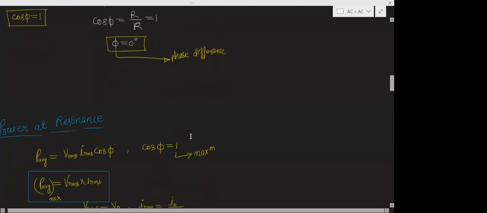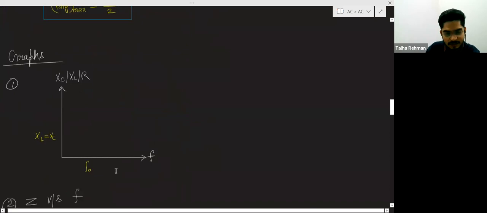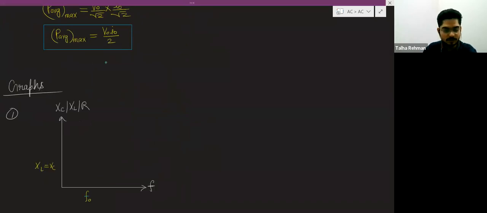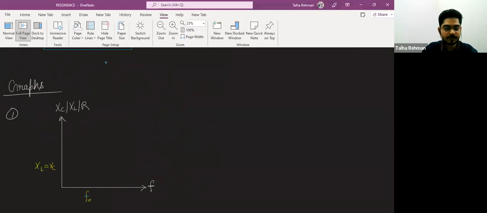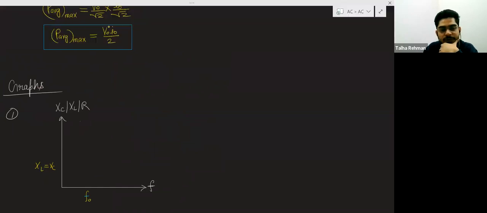Basically, the first graph we have already drawn, but again I am just drawing these graphs. We know that XL is equal to omega into L, and omega can be written as 2 pi into frequency.